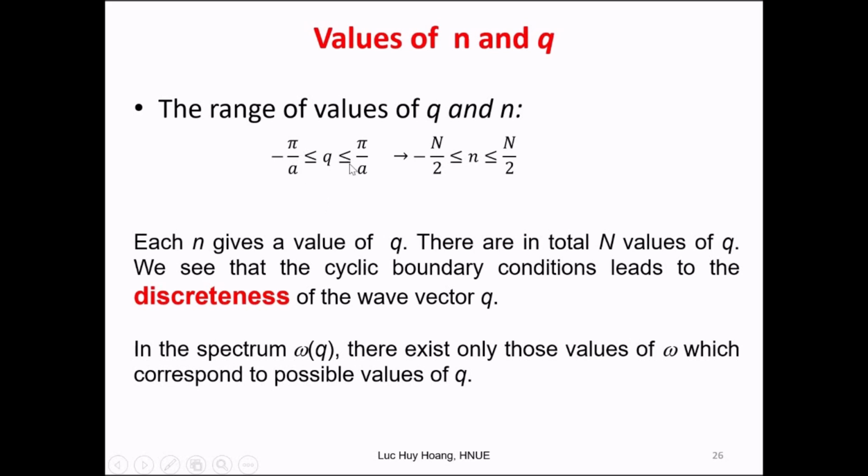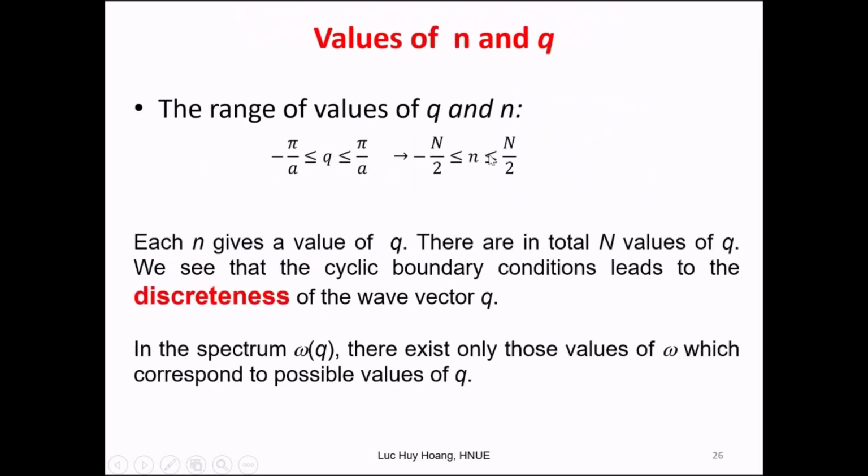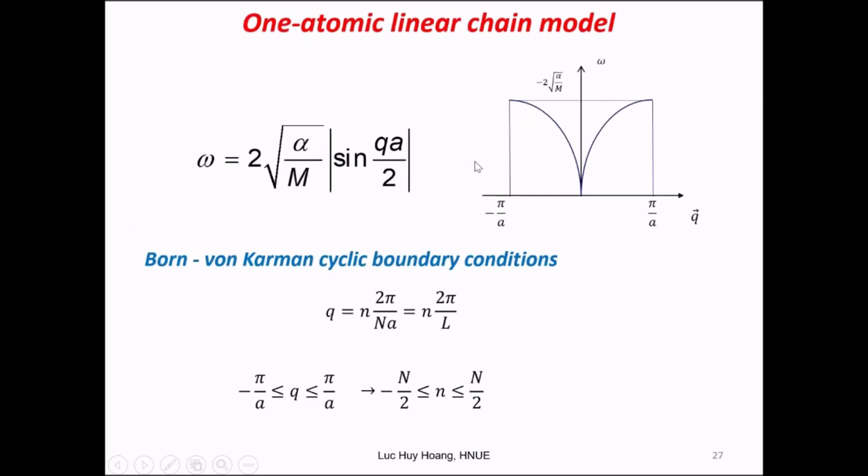Q nằm trong khoảng −π/a đến π/a, và n thì nằm từ −N/2 đến N/2. Điều kiện biên tuần hoàn dẫn đến sự gián đoạn của q. Gián đoạn có nghĩa là q không liên tục. Nhưng vì số giá trị của n rất là lớn, cho nên chúng ta vẽ liên tục thế này cũng không sai, dù thực ra nó là các giá trị gián đoạn.